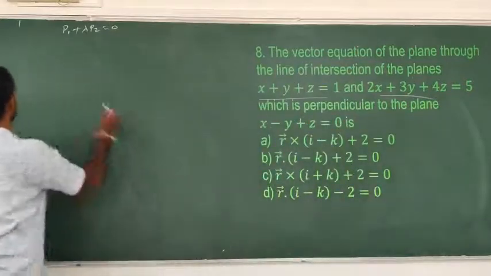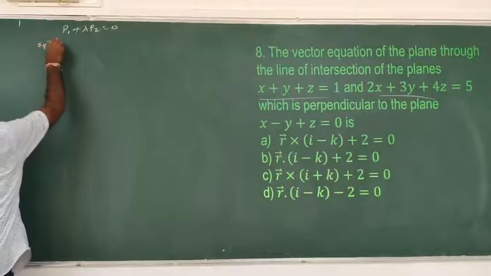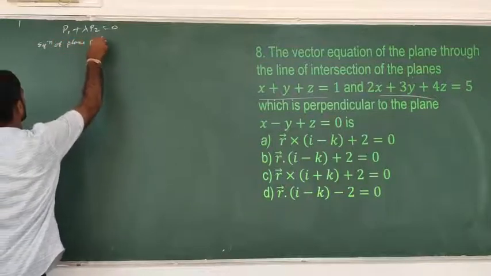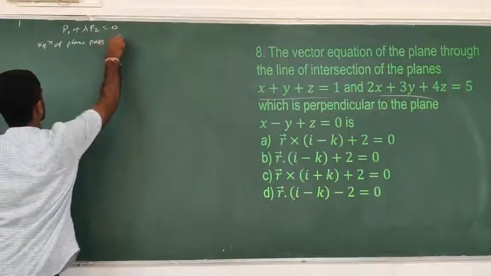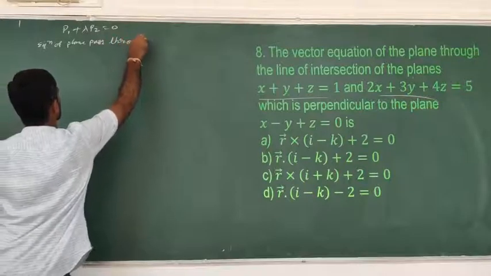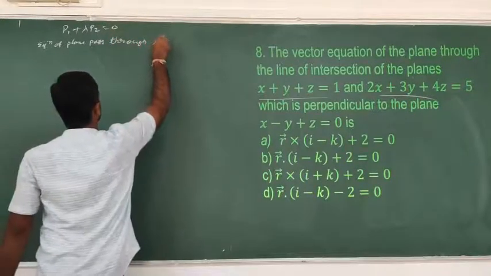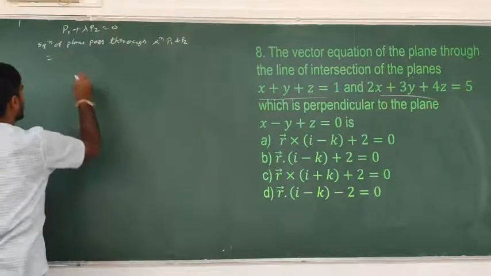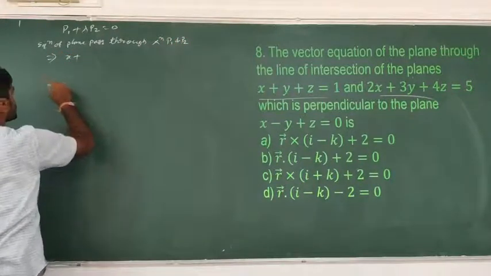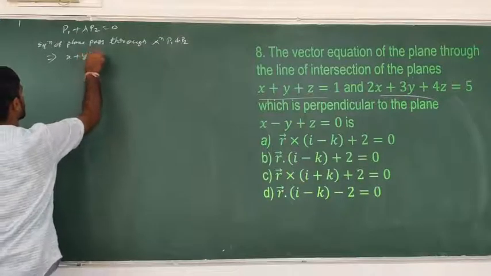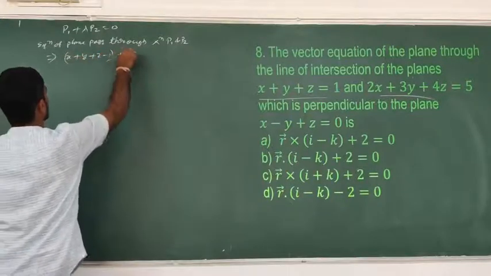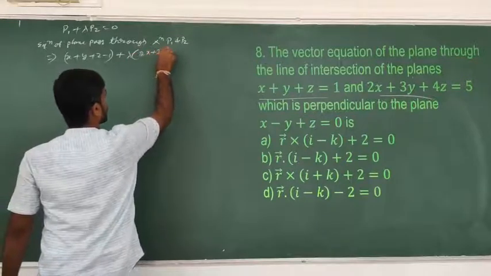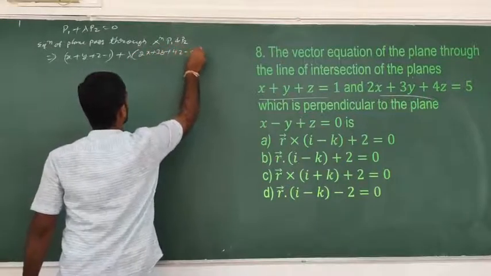Then the equation of the plane passing through the point of intersection of P1 and P2 is, this implies that x plus y plus z minus 1 plus lambda into 2x plus 3y plus 4z minus 5 is equal to 0.